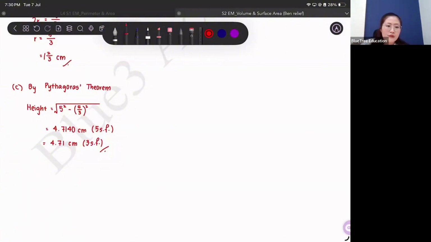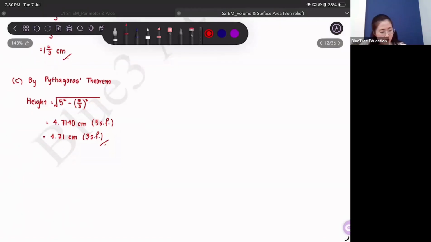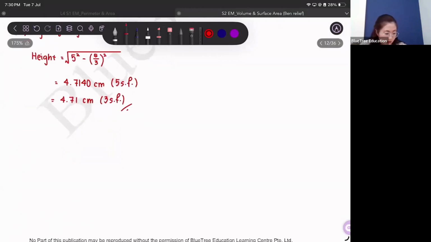Then last but not least, we are going to find the volume of the cone. So volume of cone, as always, is 1/3 pi r squared times the perpendicular height. Very important, it is not the slant height, it is the perpendicular height.